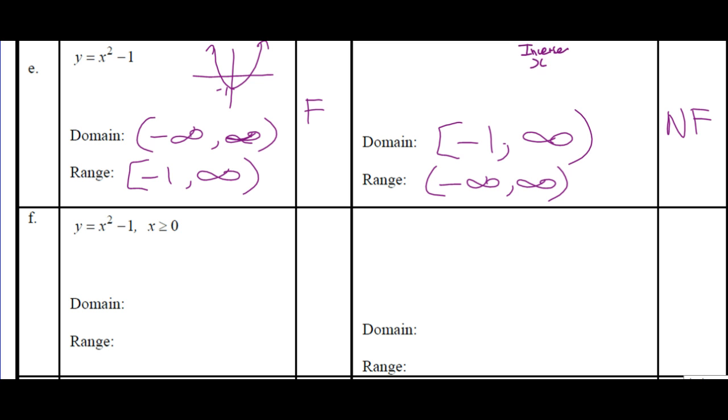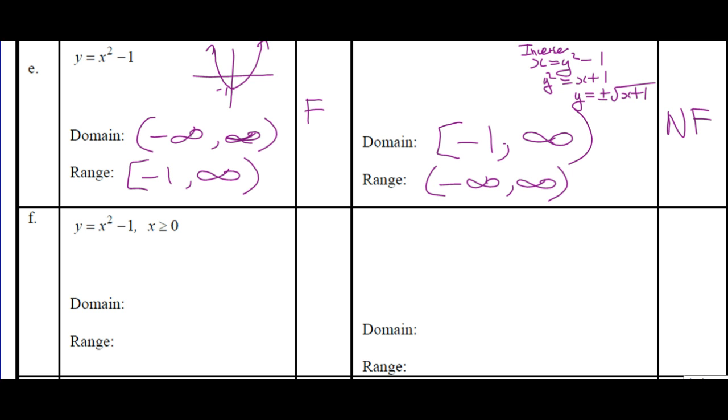I'm going to write x is equal to y squared minus 1. Y squared is equal to x plus 1. And y is equal to plus or minus the square root of x plus 1. Okay, that's the inverse, which is not a function.